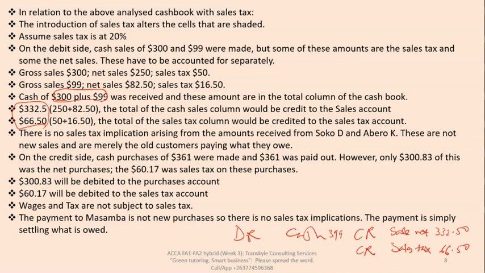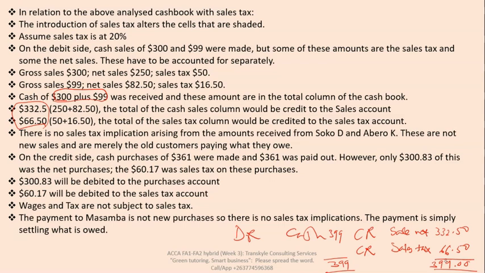That's 399. So you can also try to cross-check with your calculator to see if these are going to balance. You can see that the double entry is actually correct.